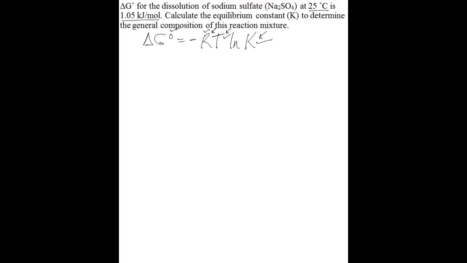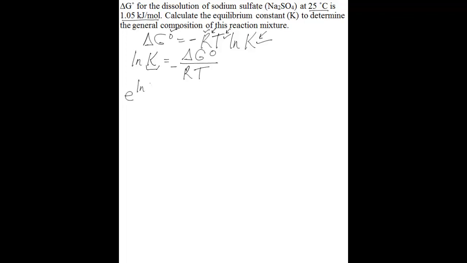So rearranging the equation in terms of K, you have the natural log of K being equal to delta G naught divided by negative R times T. In order to get K by itself, you raise both sides to the e.